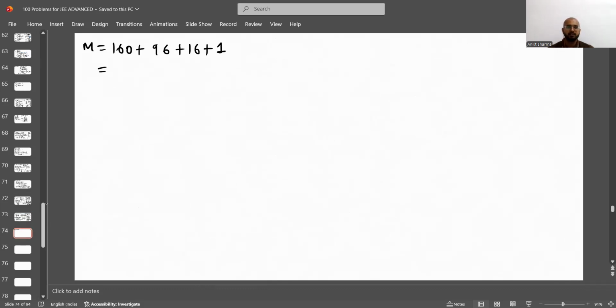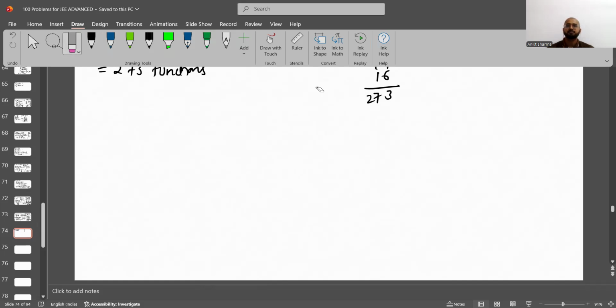On adding all of these, we get 160, and then 96 plus 1 is 97, and then we have here 16. So this gives me 273 functions total. So we get here 273 functions.